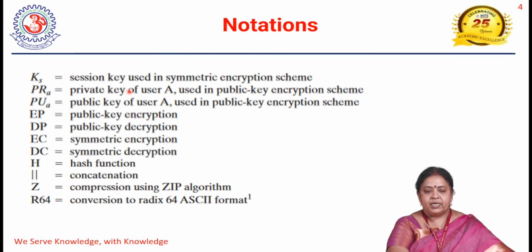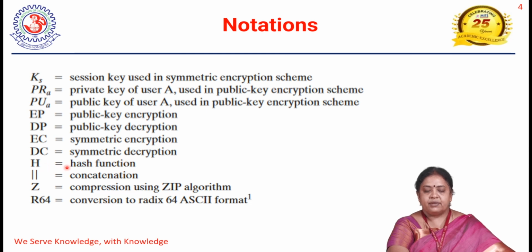Then the private key of the user A is designated as PRA, used in public key encryption, and the public key of user A is referred to as PUA. Then EP is used for public key encryption and DP for public key decryption, whereas EC is used for symmetric encryption, that is private key encryption, and DC for symmetric decryption.